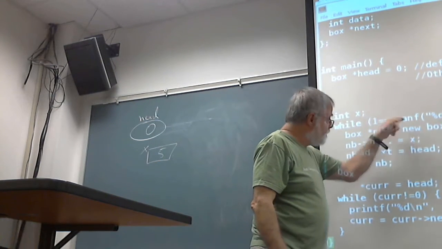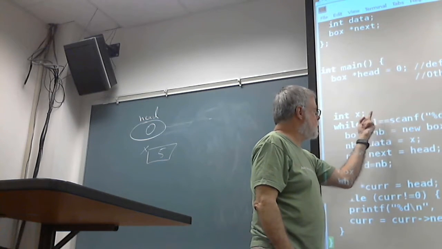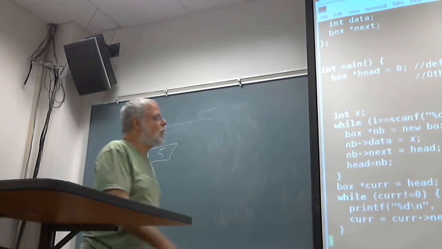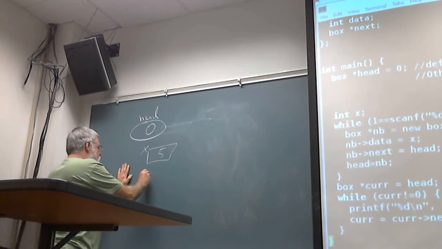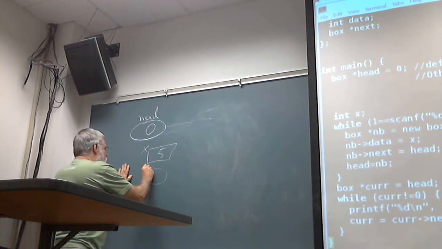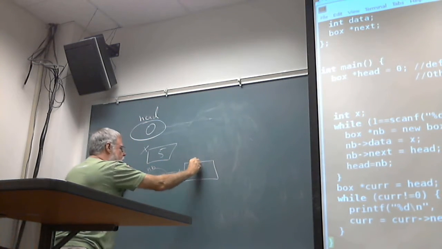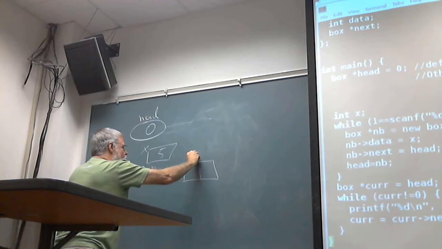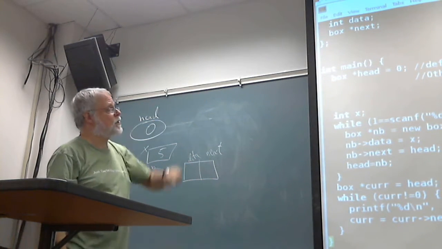So if we're successful with getting one number, scanf then returns a 1, these two things are equal, we come down below and we make ourselves a new box. So here's a picture. I'm going to have NB point to a box that has two fields in it, a data field and a next field. Remember, those are the two fields up there.